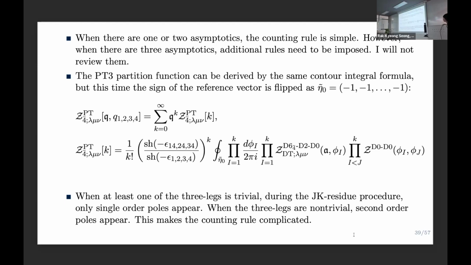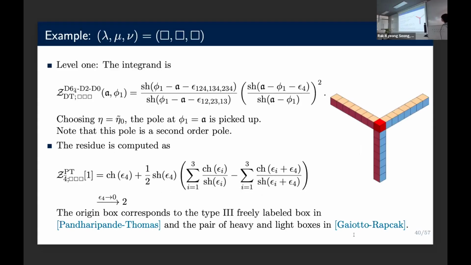So in this way, you can compute the PT partition function. So the question is, do you have an operator lift of it? And indeed, you do. But before that, let me explain a very simple example, where you have one box for each leg. In the JK formalism, if you study the integrand, you get this integrand here.